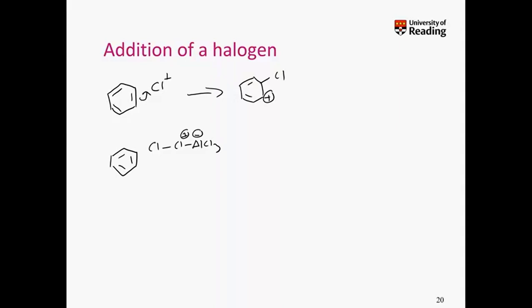Well, if we now draw our electrons to that chlorine, we can then take the electrons from this chlorine to there. So we end up with exactly the same thing.